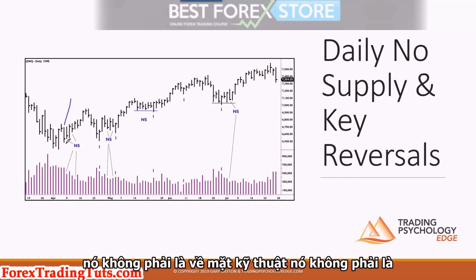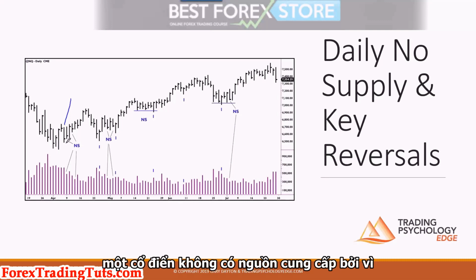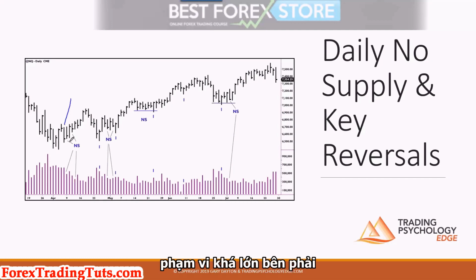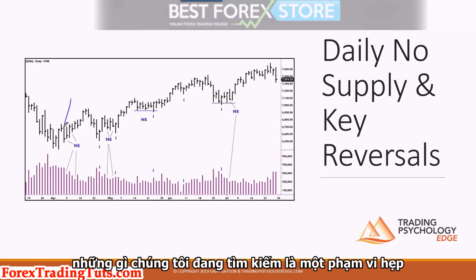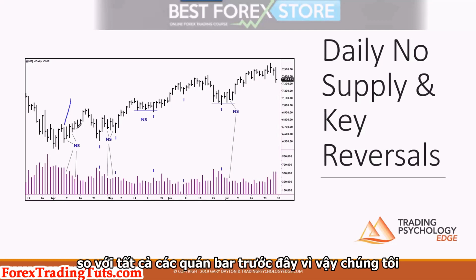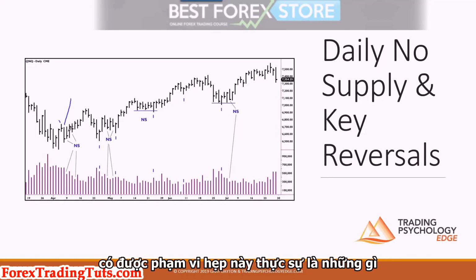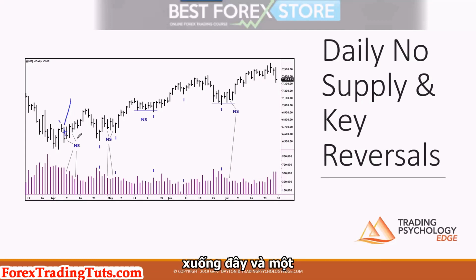Technically it's not a classic no supply because the range is pretty large, right? What we're looking for is a narrow range compared to all of the bars before. So we get this narrow range. But that's really what we want to see, is something like that down in here, and a bar that closes lower on light volume.